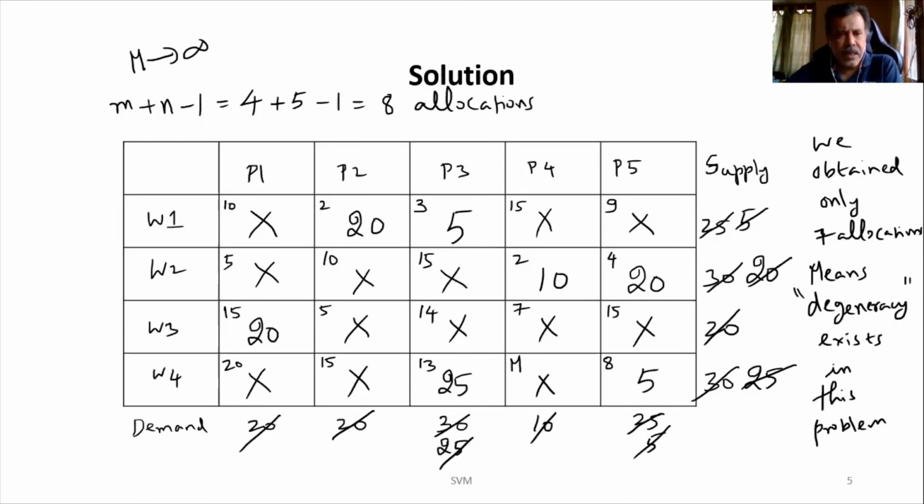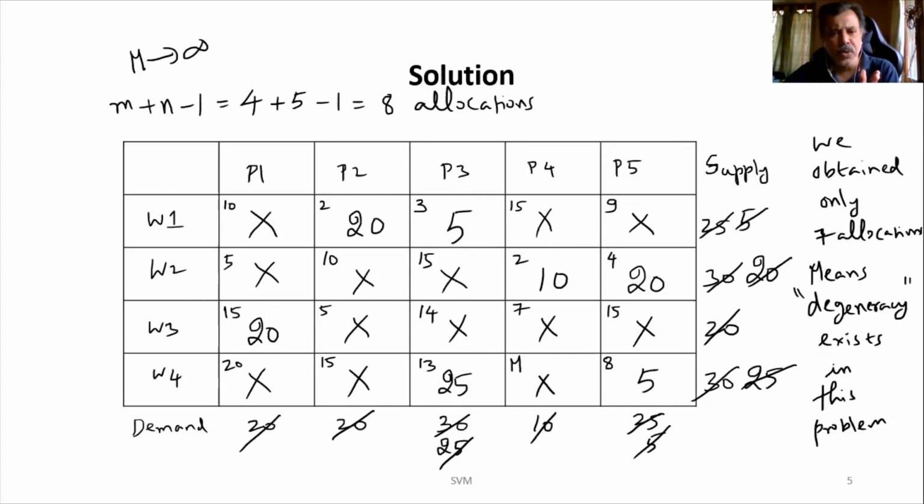So today, to understand degeneracy, what do we mean by degeneracy? If m plus n minus 1 is some number and the actual allocations are less than this m plus n minus 1, then we can conclude that the particular problem has got a degeneracy in it. Then this problem also has a restriction, like some particular source point to a destination point is not being allowed due to some reasons.